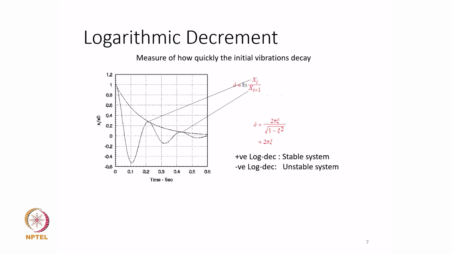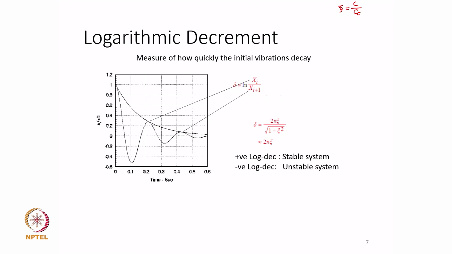Just like the damping factor is a ratio of C over C c, the actual damping in the system over the critical damping of the system, logarithmic decrement is used more often than the damping factor in practical vibration measurements, and I will discuss why that is so.